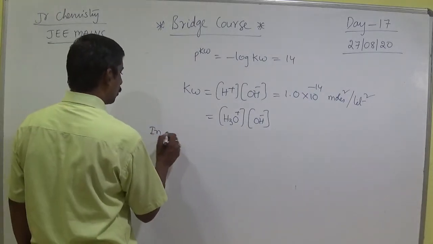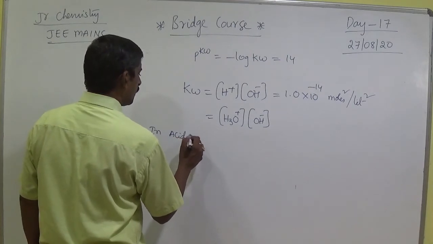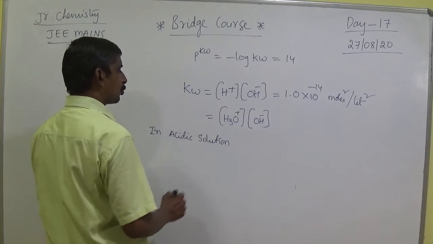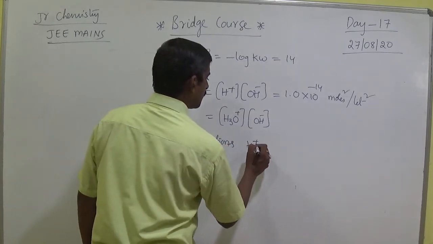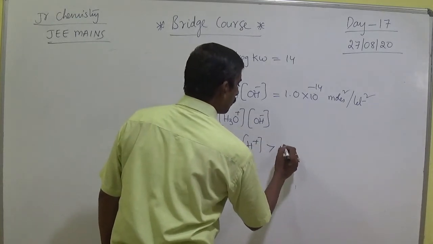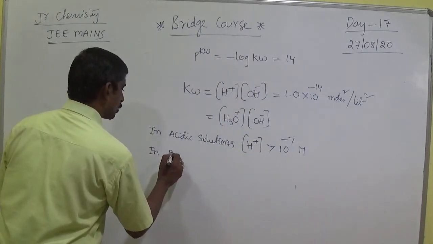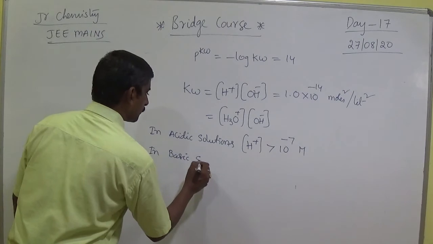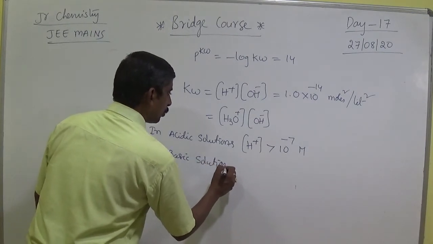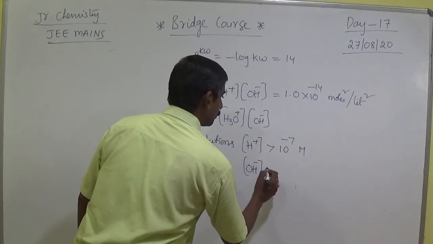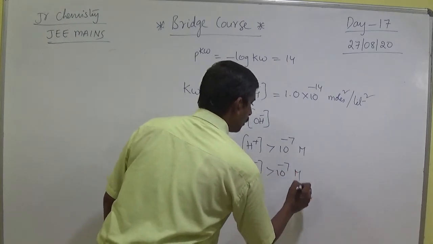In acidic solutions, H plus is greater than 10 to the power of minus 7 molar. In basic solutions, OH minus is greater than 10 to the power of minus 7 molar.